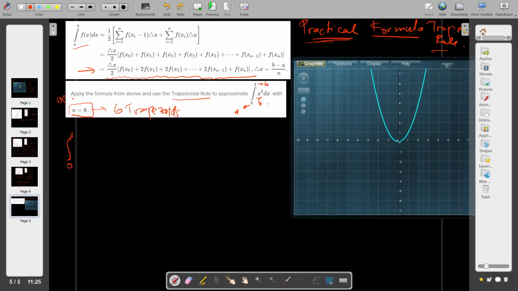And then f(x). Our f(x) is x to the power of 2.